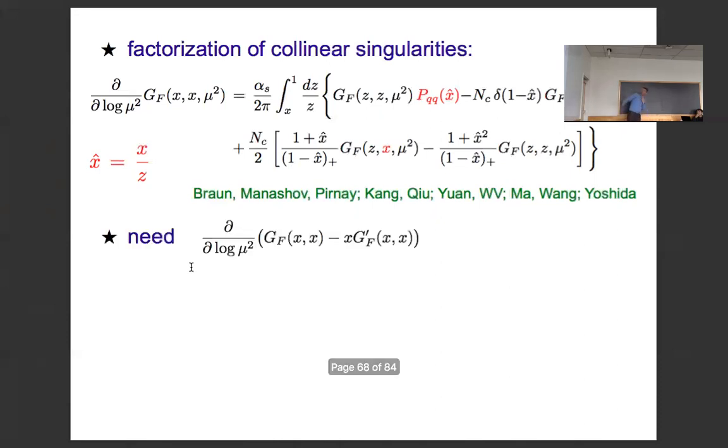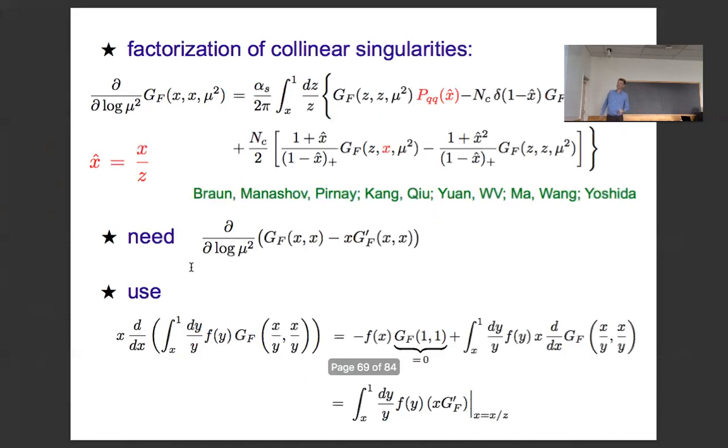Now, what we need, however, as we know, is the evolution of the difference, because this is what appears at leading order. Whenever you do a collinear subtraction, we have a leading order PDF basically multiplying a leading order cross-section to the pole term, right? So you need the evolution of this piece. That's not so hard to get, because once you have the evolution of this guy, you can of course take the derivative. It's a bit tricky, but it works out well.